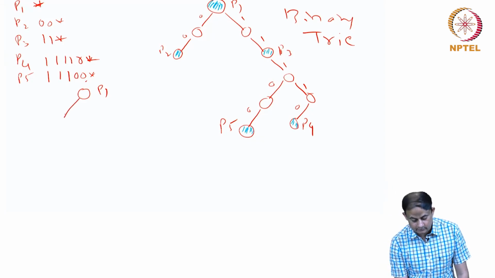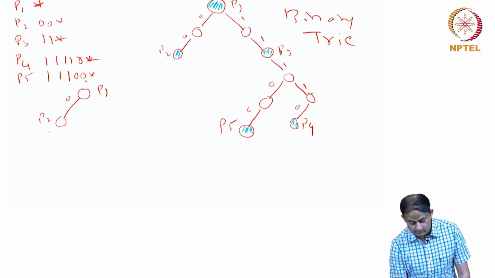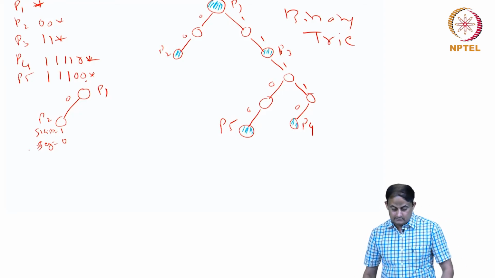So, in this case, if I go to the left, I retain this 0 and make this my P2, and I say that the skip length here is 1 and the segment that is skipped is 0.